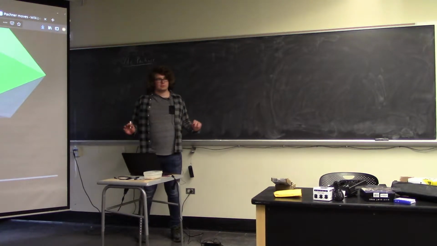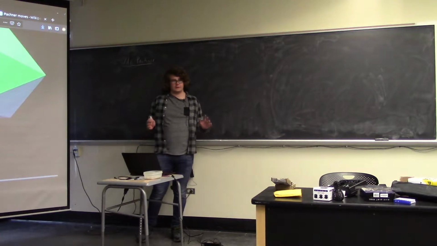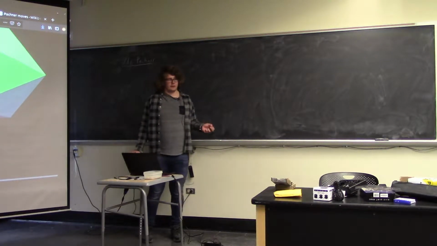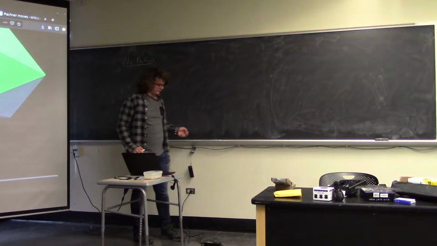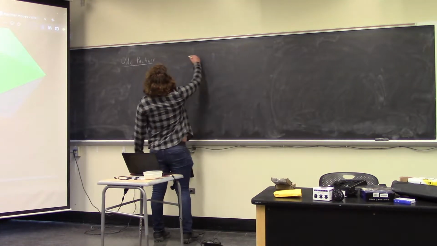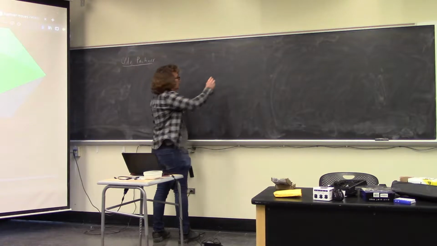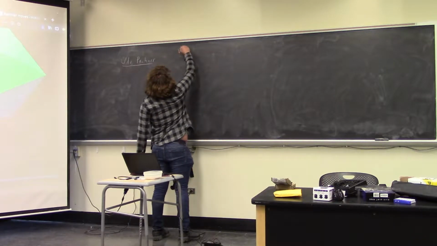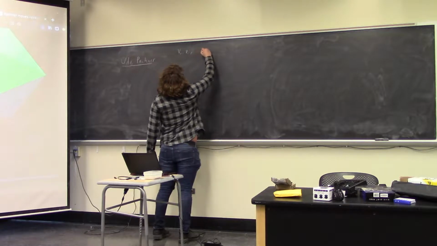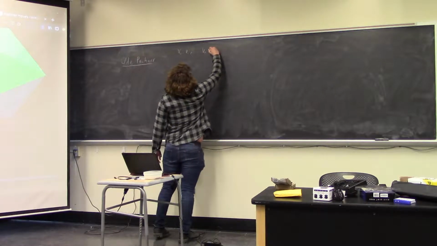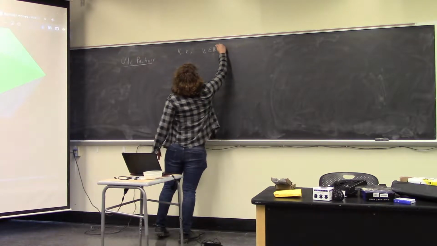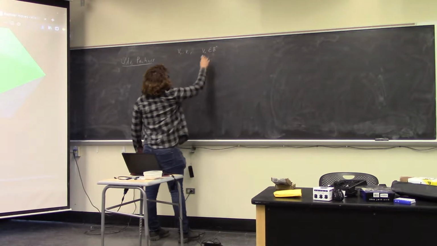So I want to make sure everyone's on the same page, and we define a simplicial complex first. To define a simplicial complex, we need to define a simplex. So in R^n, we need n plus 1 affinely independent vectors, well, n plus 1 in R^n, right?